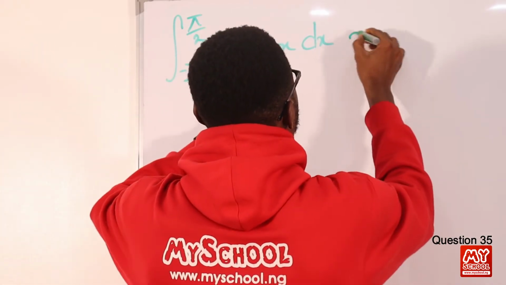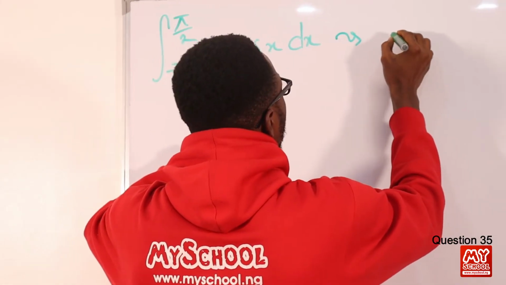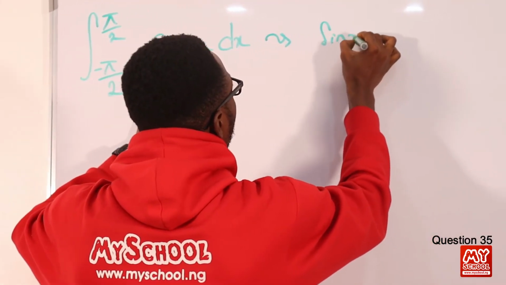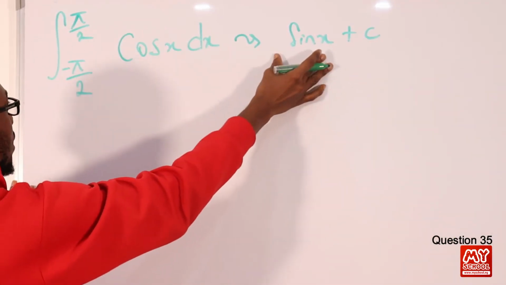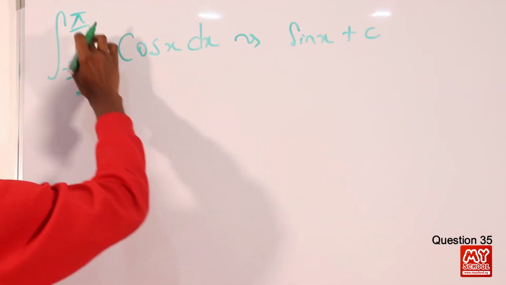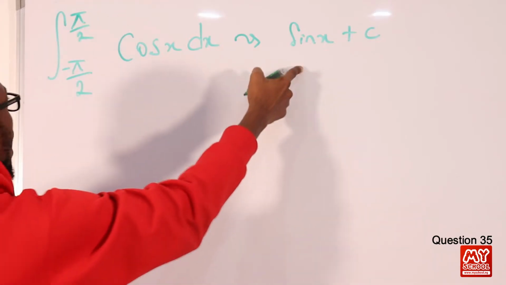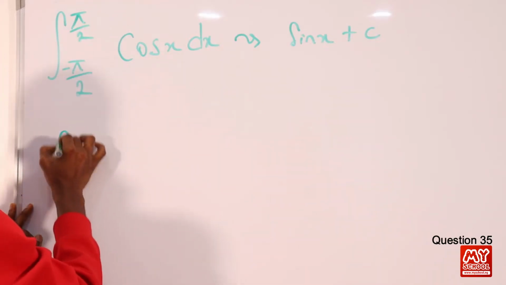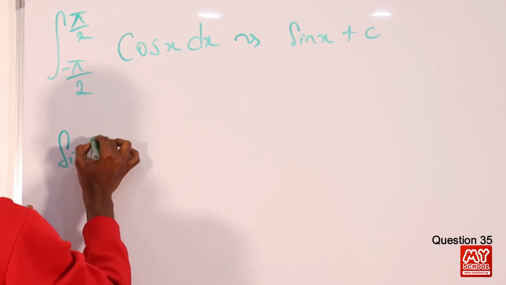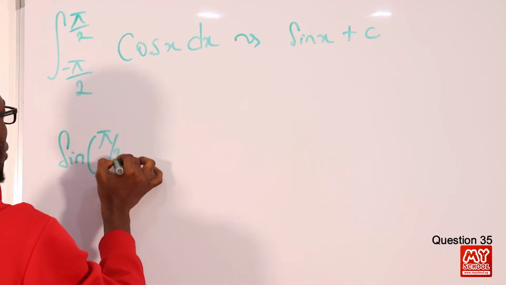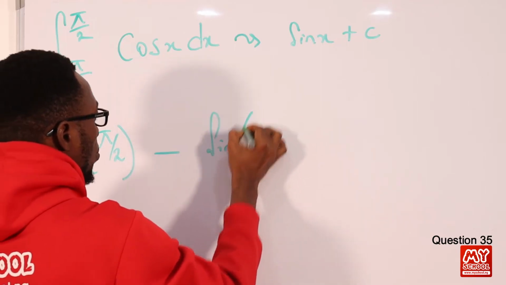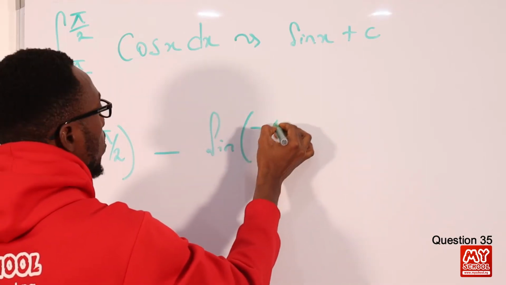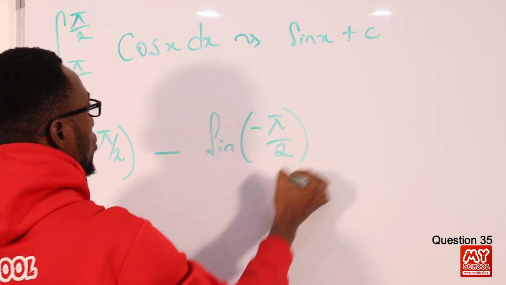So integration of cos x will give me sin x plus c. Right here I have the sin x. So anywhere I see x, I put this value there. All right, so I have sin of pi over 2 minus sin of minus pi over 2.